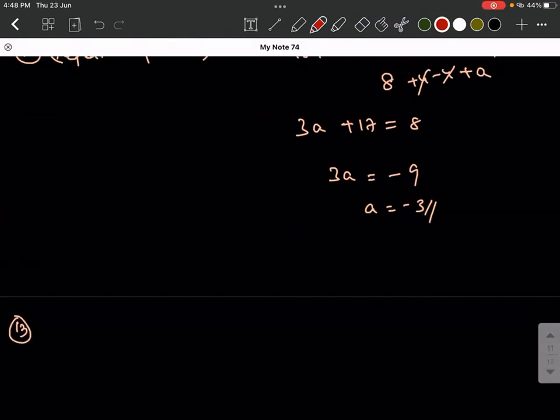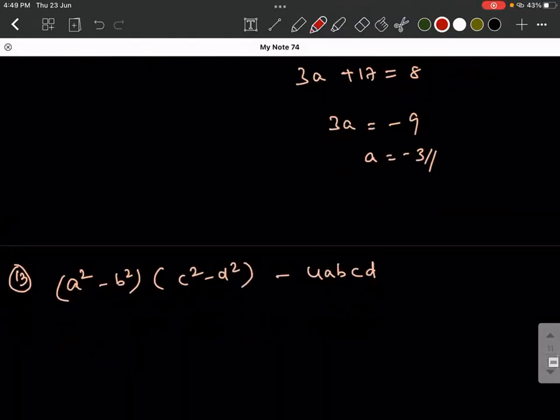One of the factors of a square minus b square into c square minus d square minus 4abcd is, what will you get?